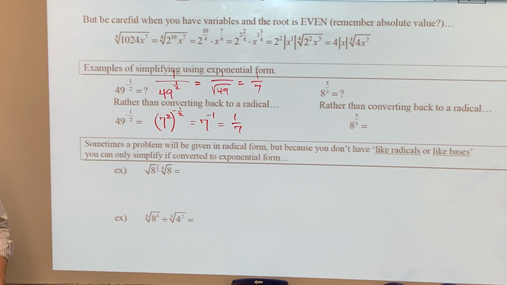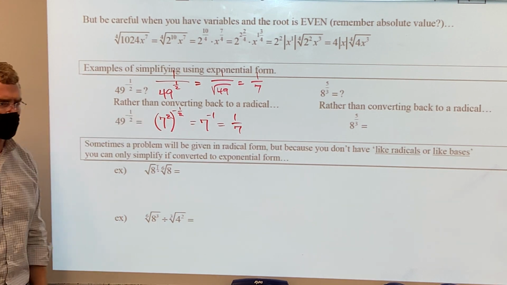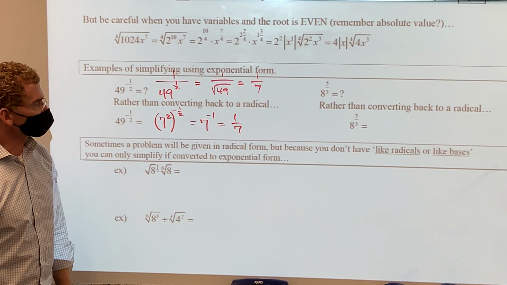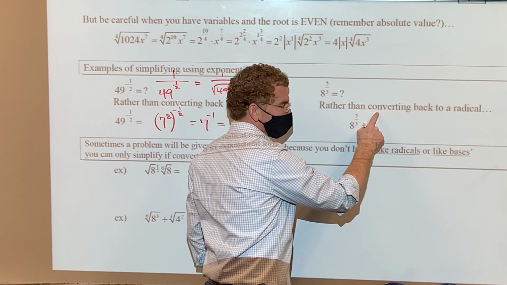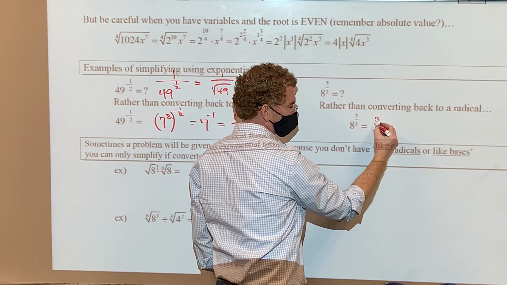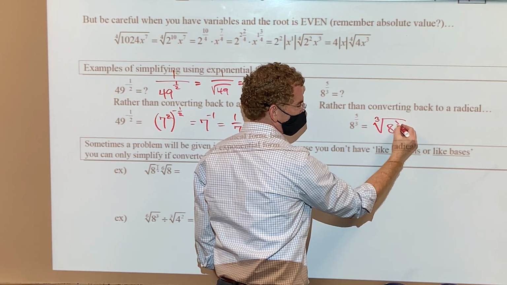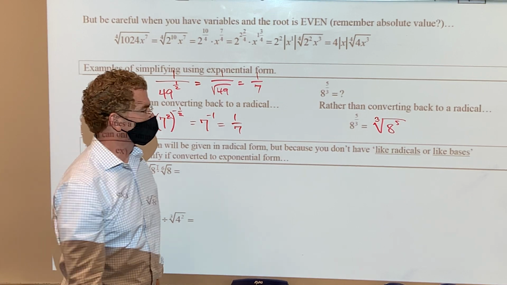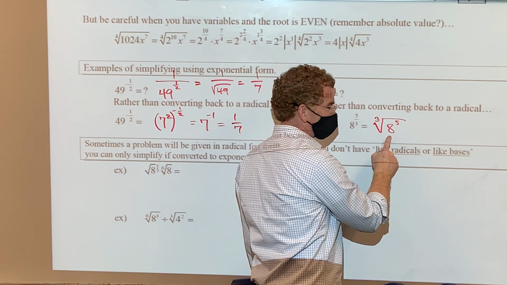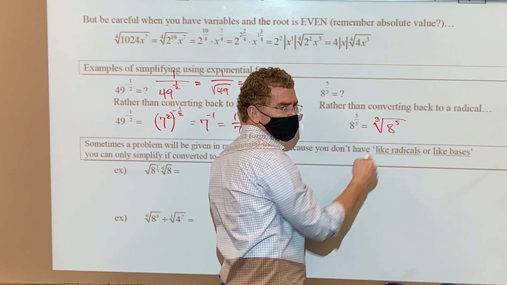Y'all seeing it? What about 8 to the 5/3? 8 to the 5th under a cube root. So in radical form, I would say that's the cube root of 8 to the 5th. Now you're going to have a lot of work there, actually. Or you could think, for each of these 8s, what's the cube root of 8 five times?